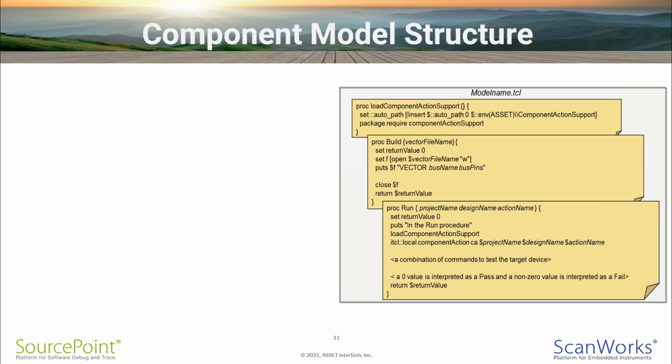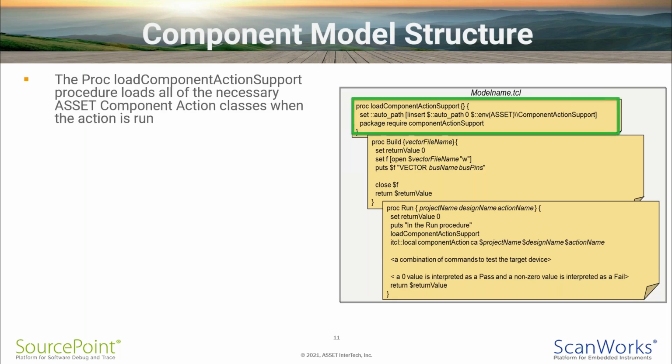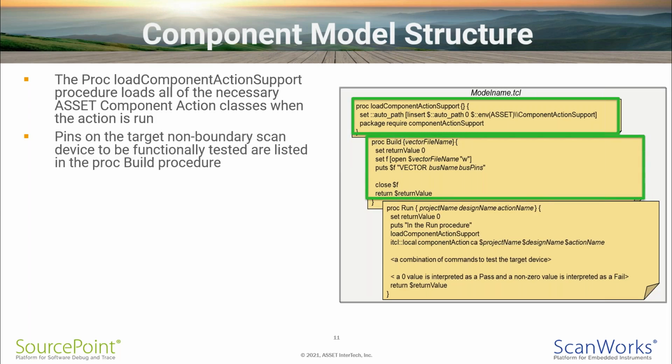The model is broken up into 3 sections. The proc component action support procedure loads all of the necessary asset component action classes when the action is run. Pins on the target non-boundary scan device to be functionally tested are listed in the proc build procedure.